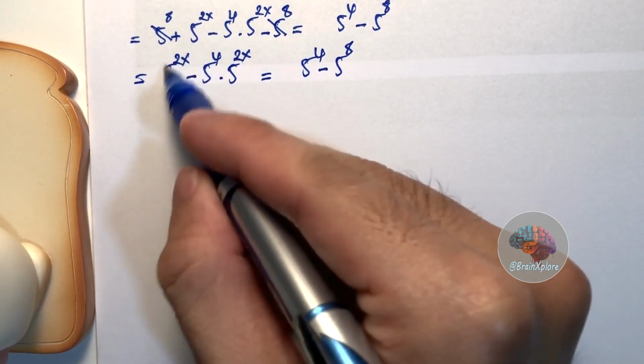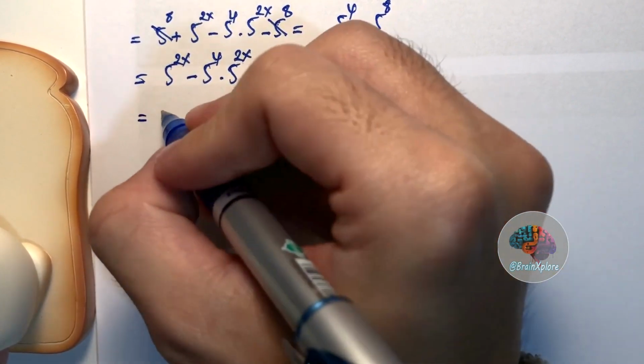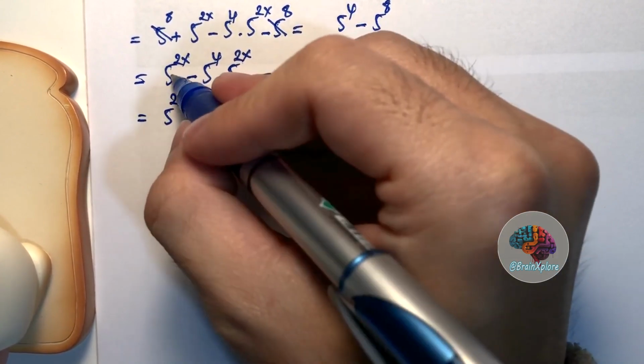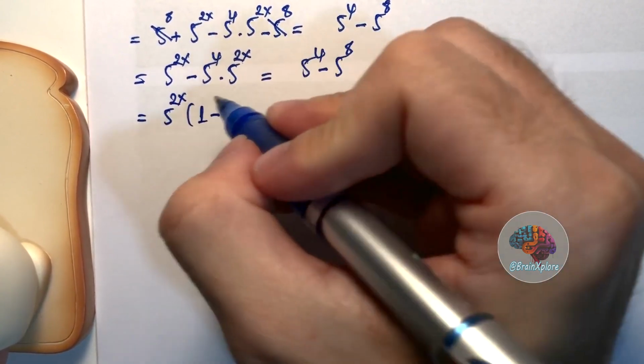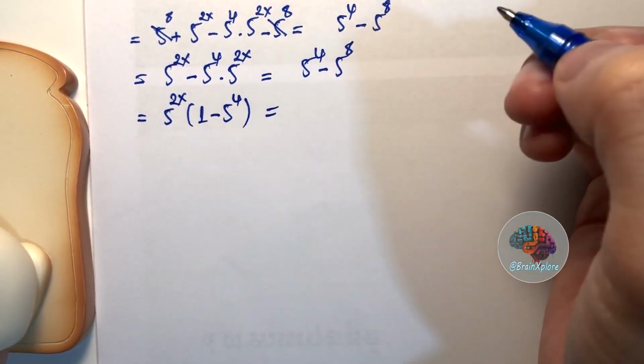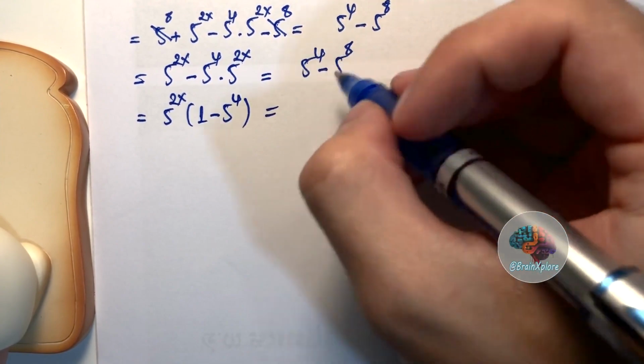The x value, we have the x value on the left hand side only. So now we're going to factor out 5 powered by 2x, which remains 1 minus 5 powered by 4. So on the right hand side we can do that.